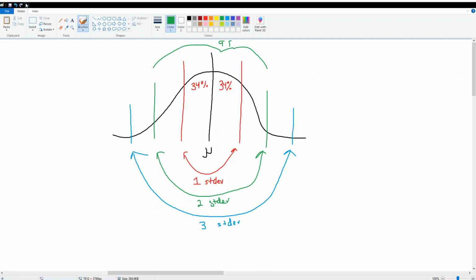So 47.5 and 47.5. That adds up to 95, and it's symmetric. Well, these two have to add up to 47.5, as do these two. And 13.5 plus 34 is 47.5. So this must be 13.5%, as must this.